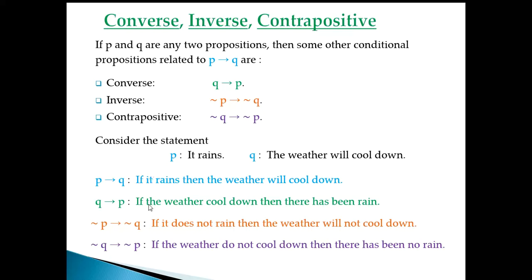If you are given a proposition and need to write the converse or contrapositive, you have to remember these notations. The converse is Q implies P, the inverse is negation of P implies negation of Q, and the contrapositive is negation of Q implies negation of P.